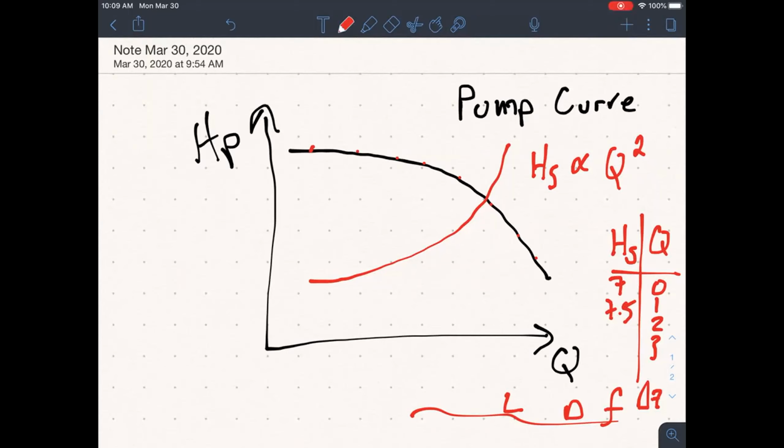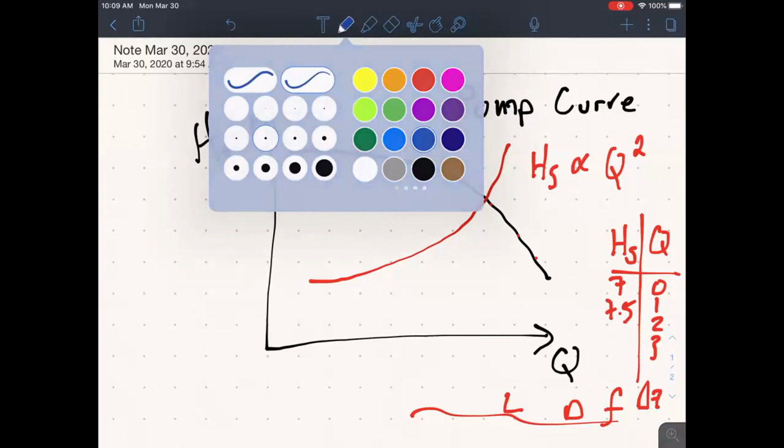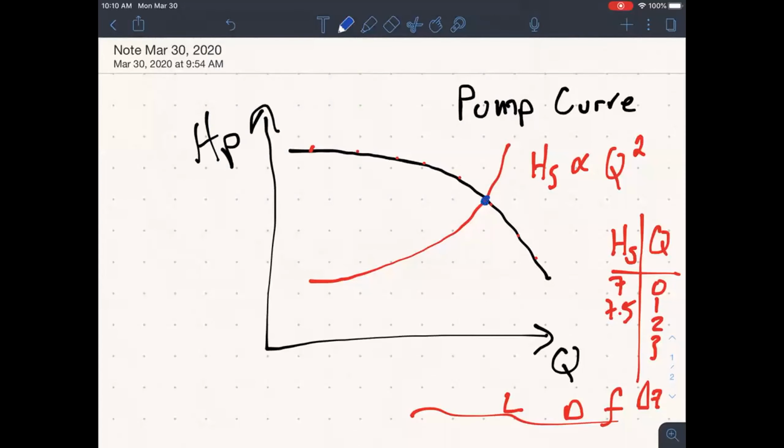Where the system curve and pump curve meet, we get the match point, or the operating conditions. This is our Q operating, and this is our head operating.